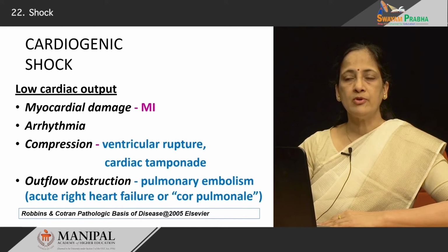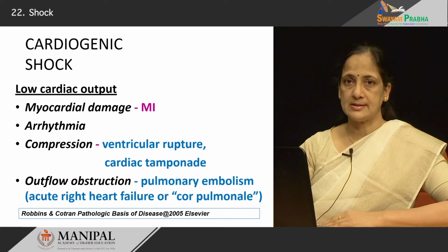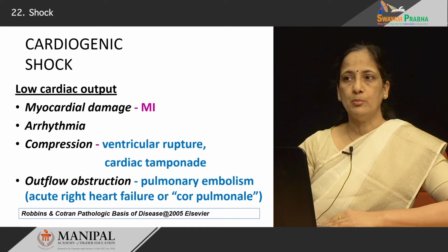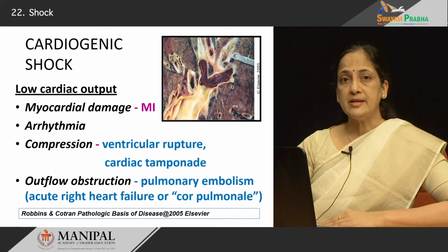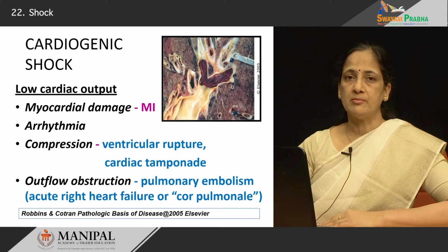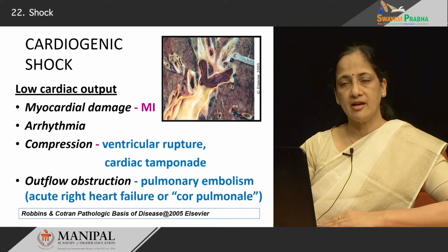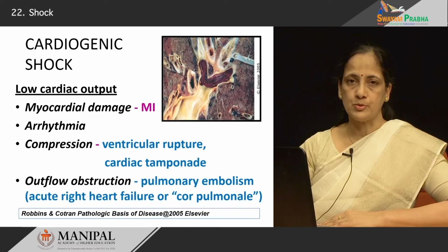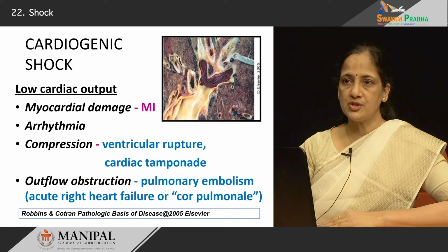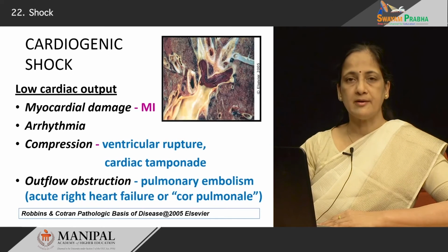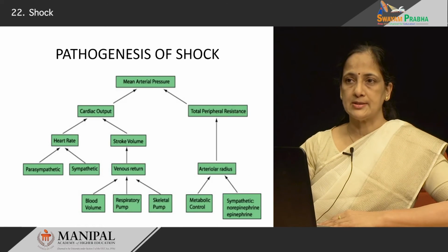Any cause for outflow obstruction, for example, if a patient has a pulmonary embolus, this embolus can move into the pulmonary trunk and block the outflow from the right side of the heart and then decrease the flow of blood into the left side and therefore cause low cardiac output. So, the causes for cardiogenic shock include myocardial infarction, arrhythmias, ventricular rupture, cardiac tamponade and massive pulmonary embolus.